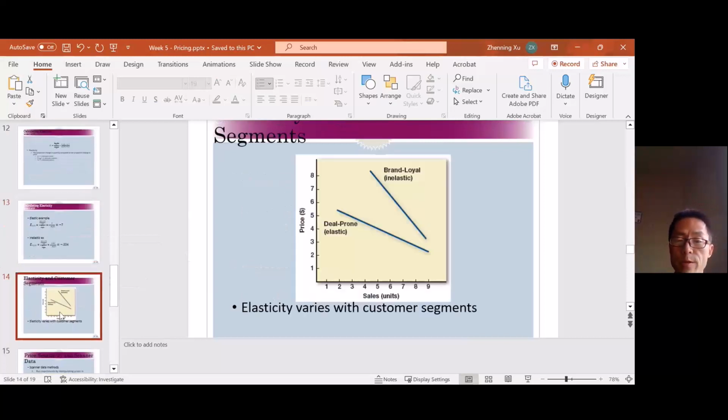Now think about brand loyalty. Maybe we can conclude that for some products, if consumers have a high level of brand loyalty, then the product itself is going to be inelastic, because demand will barely change.